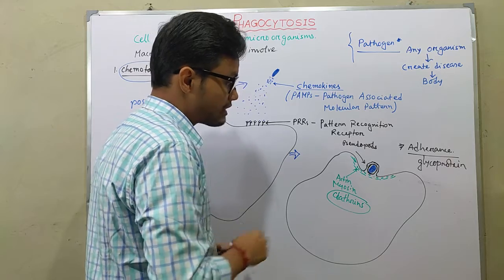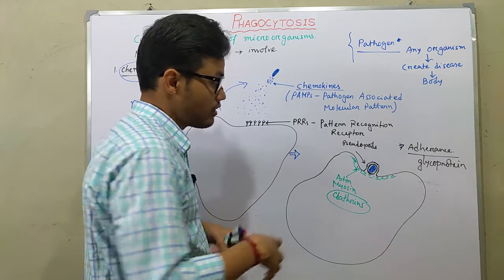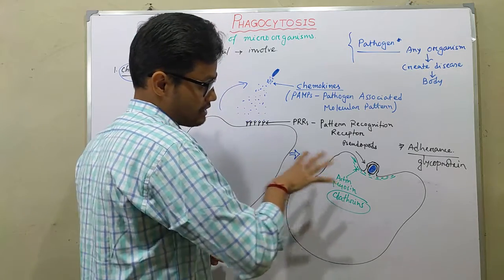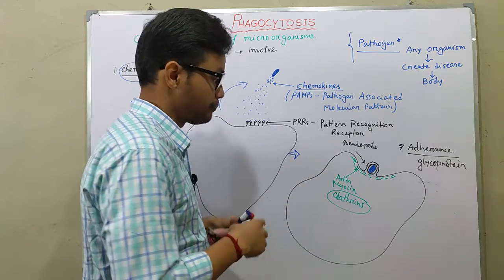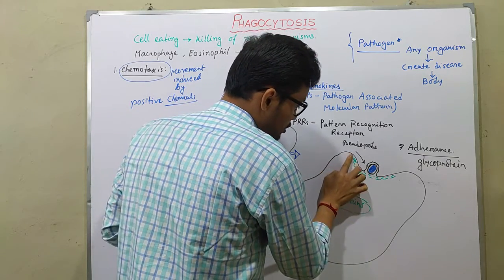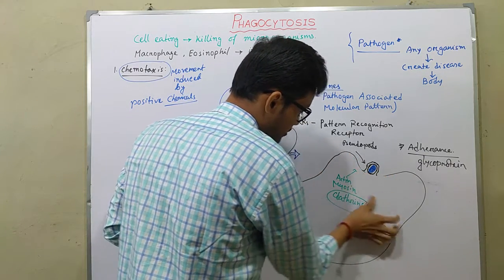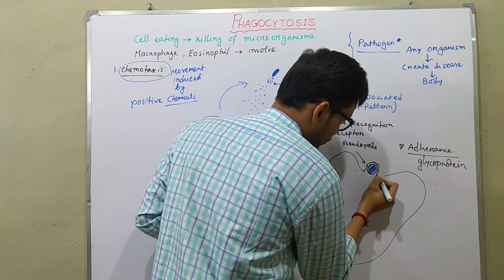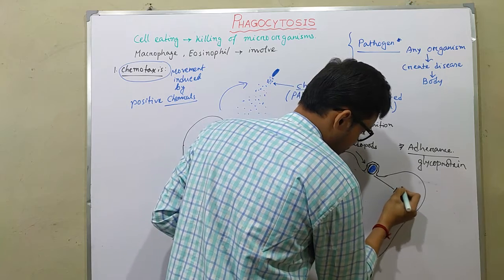In this case the internalization of the particular pathogen takes place, and this process is known as ingestion. After ingestion, those primary vesicles are known as phagosomes.